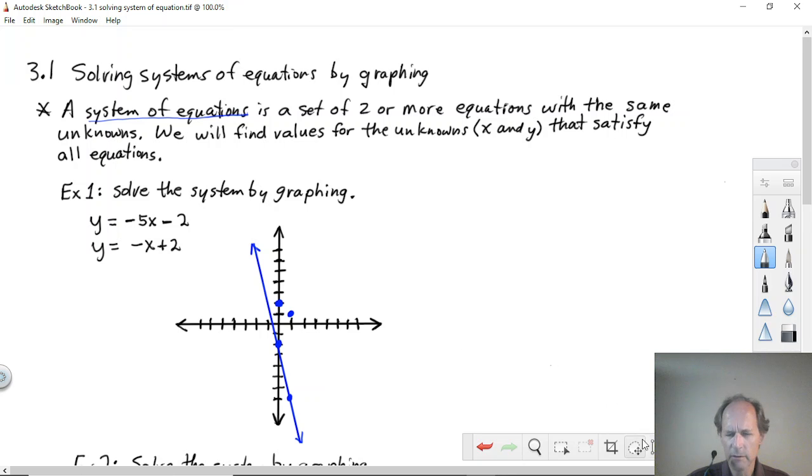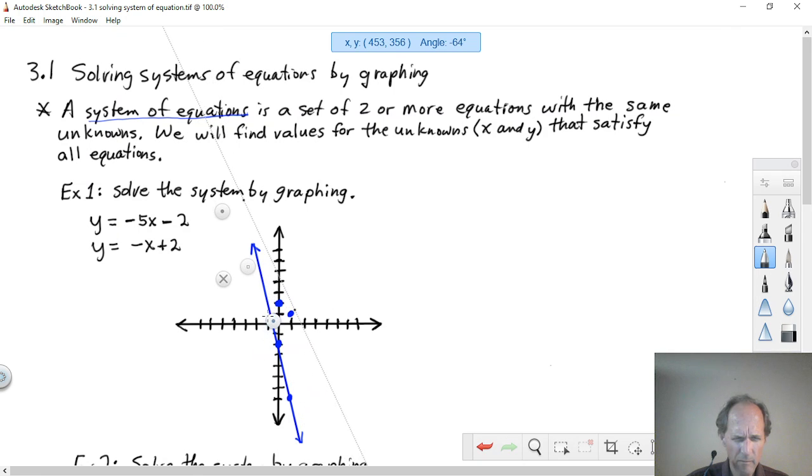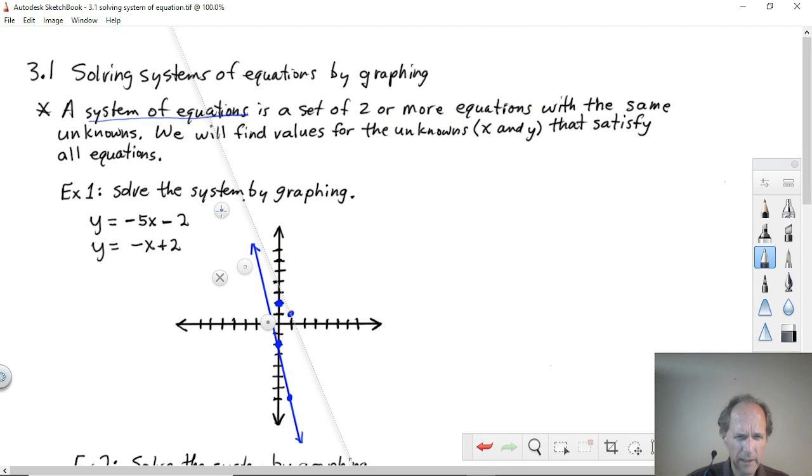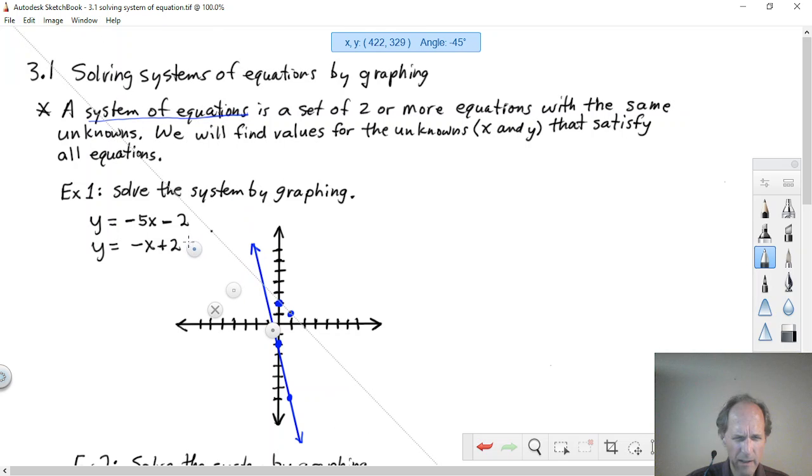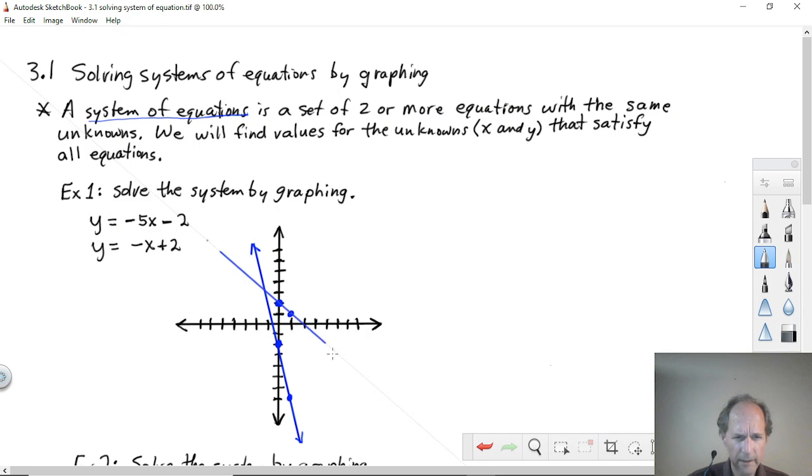We'll get our ruler out again and draw that line.